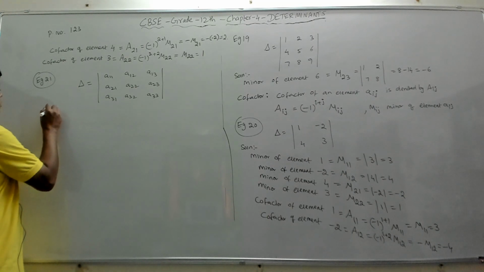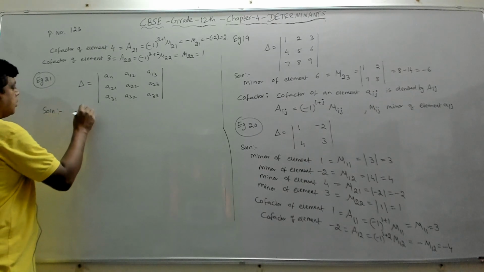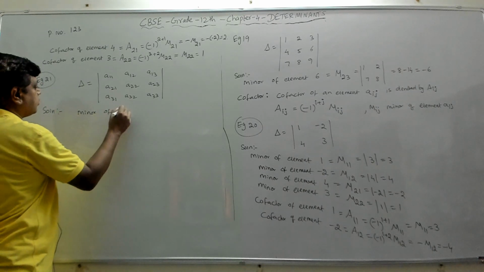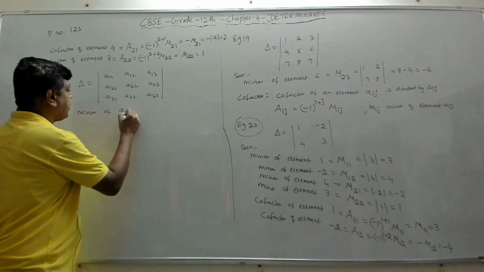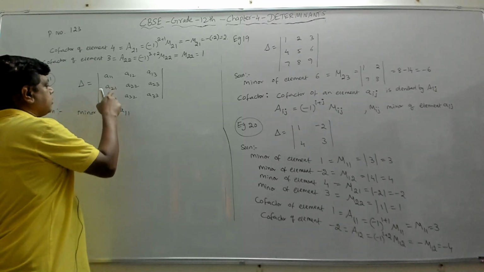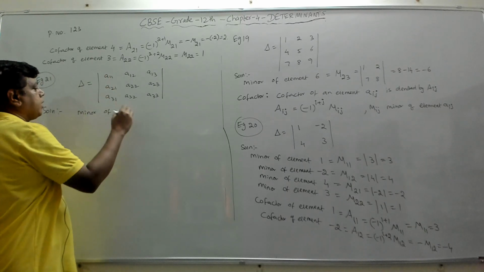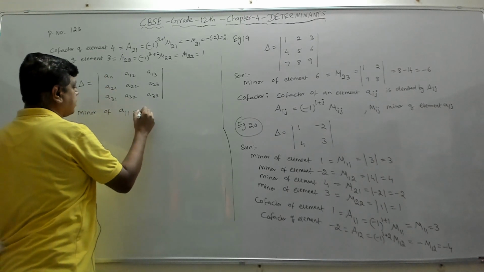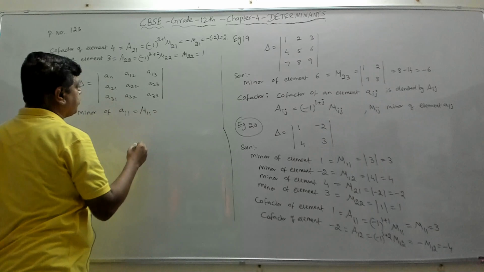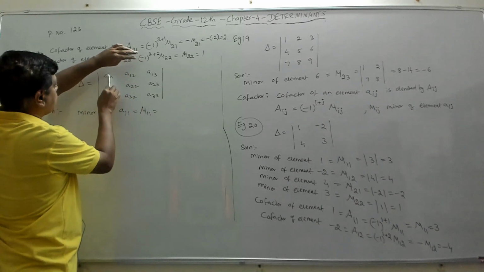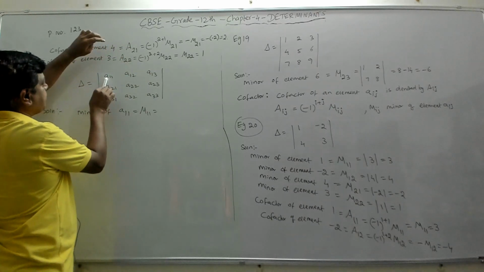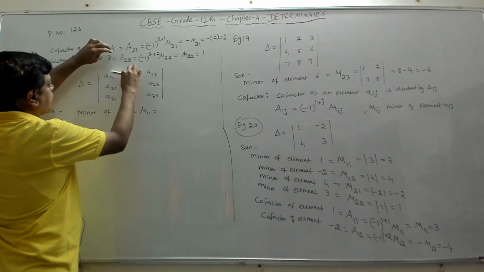So the solution: we have to find the minor of A11. The minor is denoted by M11. You have to close that particular row and that particular column on which the element A11 lies.